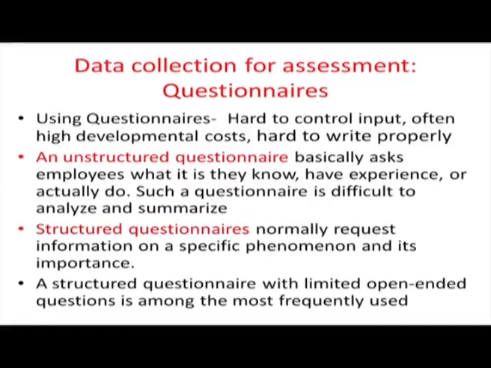For each of these variables you are going to have data related to the individual, say interest, motivation, ability, knowledge and skill, related to the task, and related to the organization, what is the requirement of the organization. So, you develop a structured questionnaire with some open ended questions, because not necessarily everything can be captured in a structured questionnaire. So, you are also giving them some opportunity, if they have something to say, to come out with it in these questionnaires. Okay. So, questionnaire is another way to collect the data.